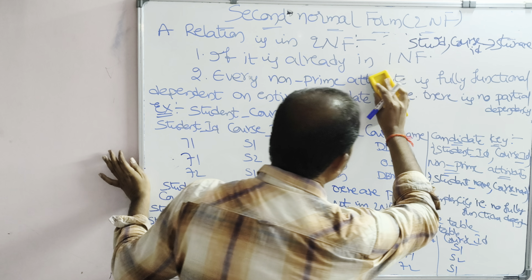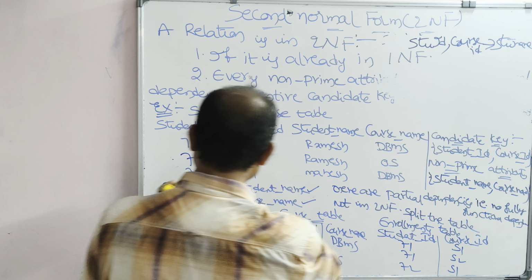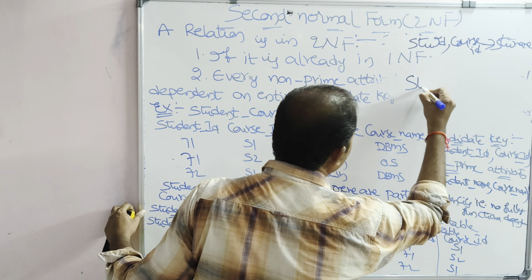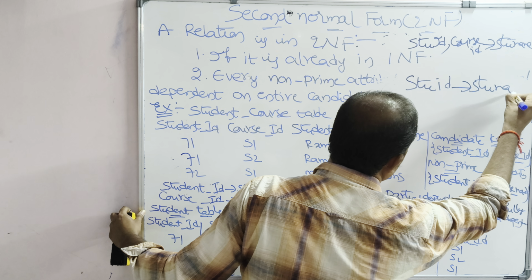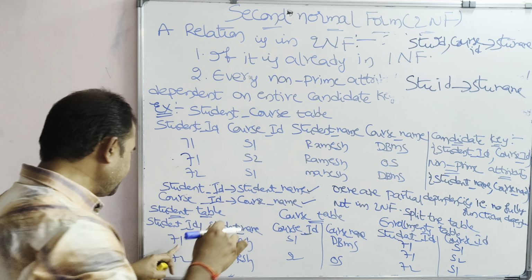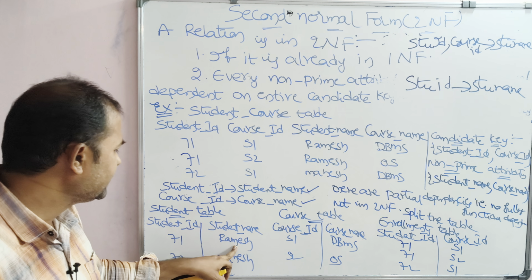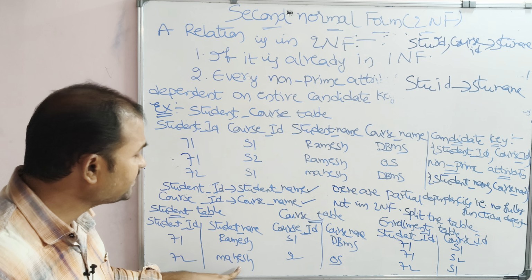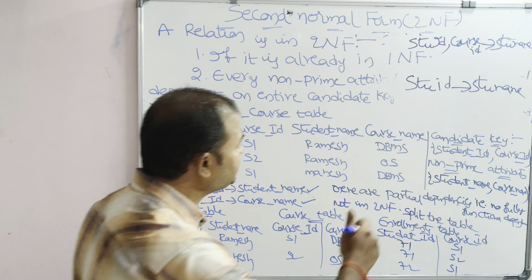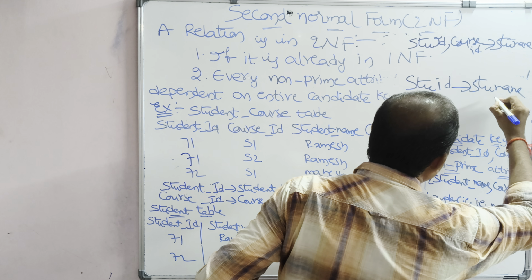Here let's check whether this functional dependency is correct or not. Student ID determines student name. If the student ID is 71, then the name is Ramesh. If the student ID is 72, then the name is Mahesh. So we can say that this is correct.